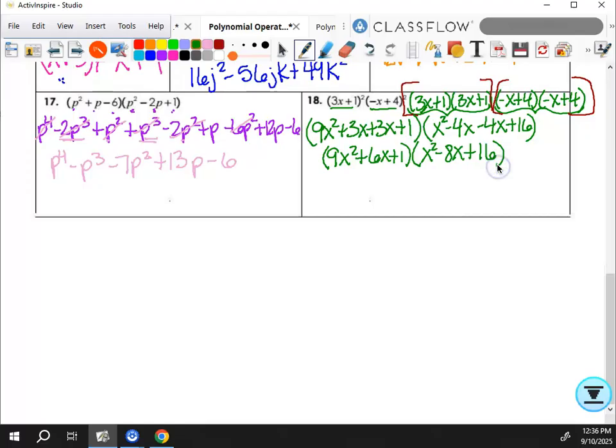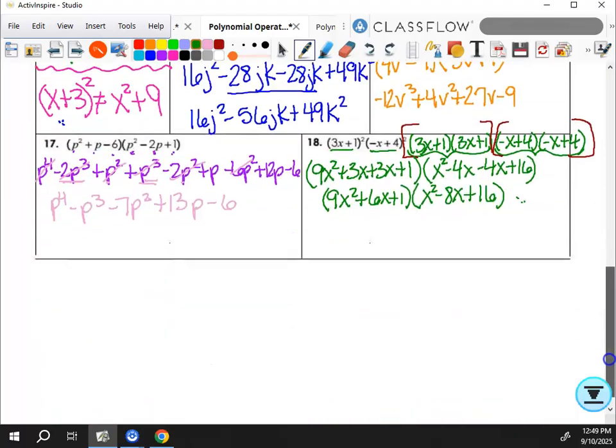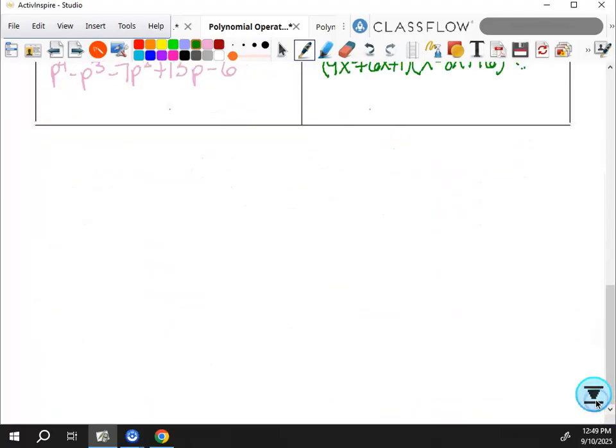Okay, so we get there, and then you multiply those together. Good job. So as I go through, I'm going to multiply these, right?